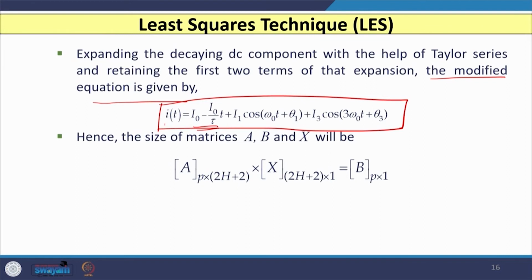So, now the sizes of matrices A, B and X become like this. The size of A matrix becomes P cross, instead of 2H plus 1, 2H plus 2, because we have two terms for DC value. The size of X is now 2H plus 2 cross 1, as these two are again unknowns; instead of earlier one DC value unknown, now two DC values are there. The size of B is P cross 1, as it is.